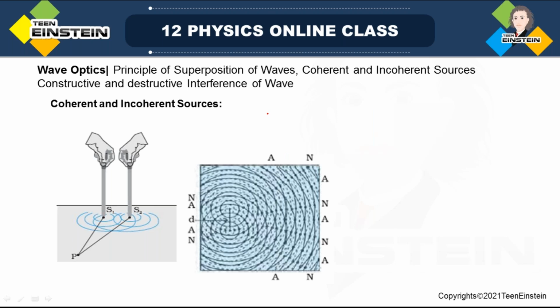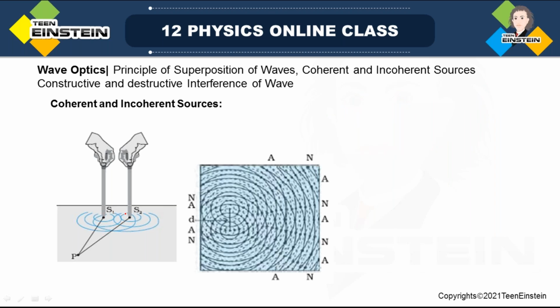Constant phase difference, or I will say constant phase relationship, in the sense that suppose in the beginning the phase difference was pi, after a certain time it can be 2 pi, it can be 4 pi. It is going like that, but suddenly it cannot be pi by something else. We'll discuss how this happens.